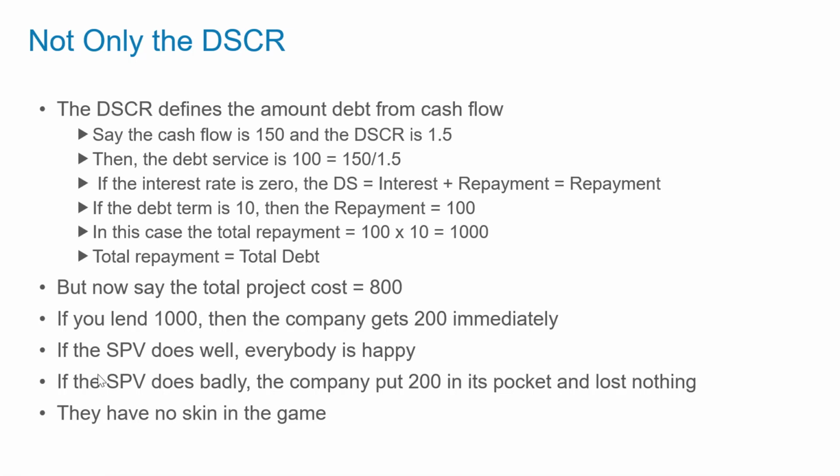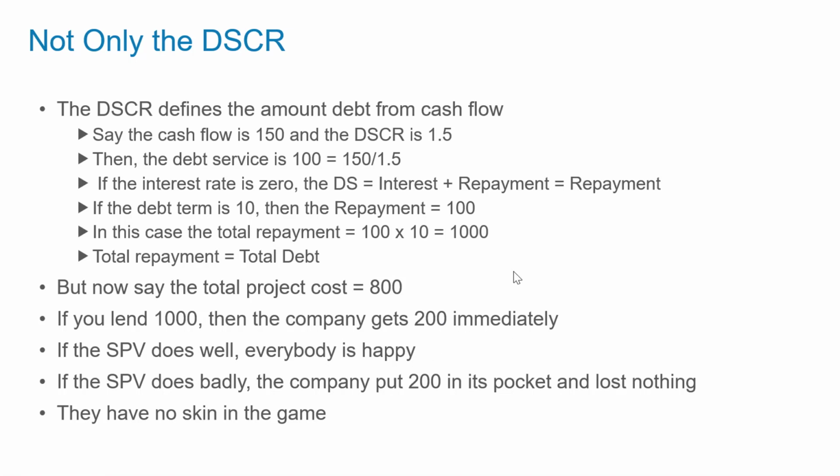Okay, but let's say the same project with 0 interest rate. It's really the NPV. We have to just change this to the NPV to get the amount of the debt. But let's say the project costs only 800, but we're allowing 1,000 of debt. That means the company gets to put 200 in its pocket right away.